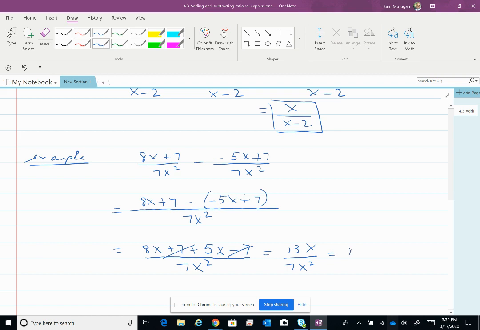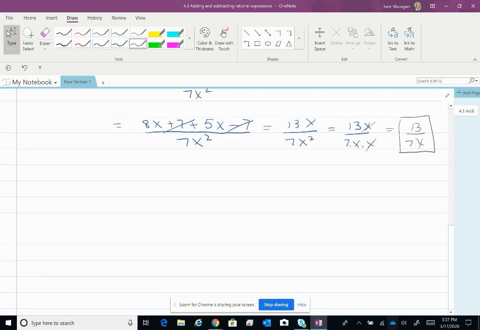So this is 13x over 7x times x, which means that one of the x's is going to cancel out, and we're left with 13 over 7x. So these are problems that involve the same denominator.